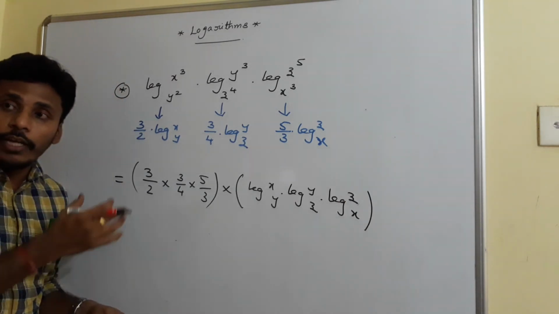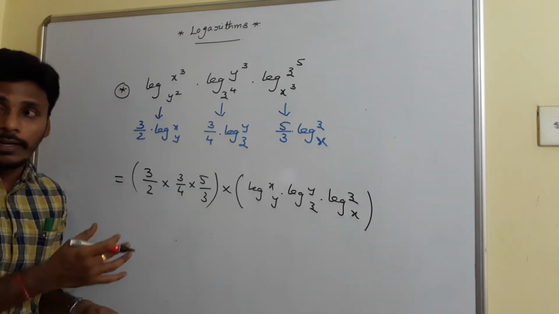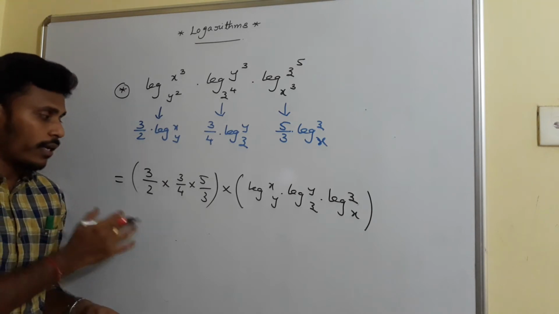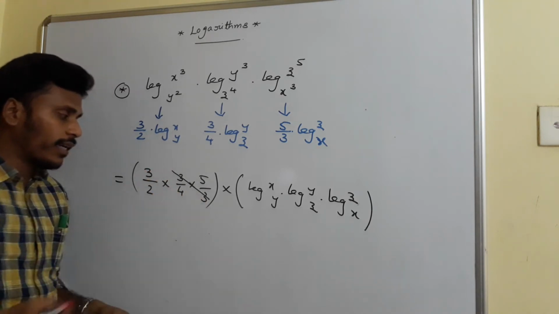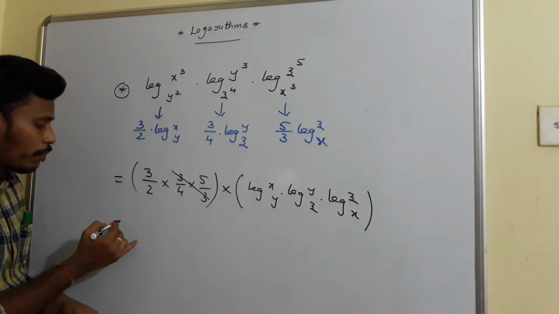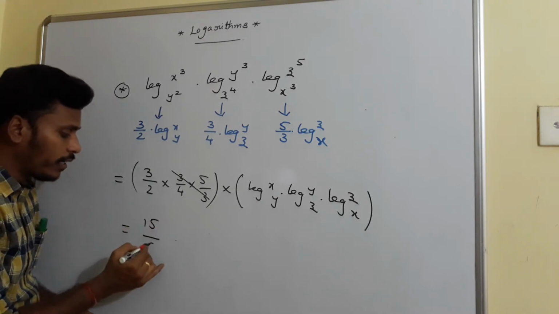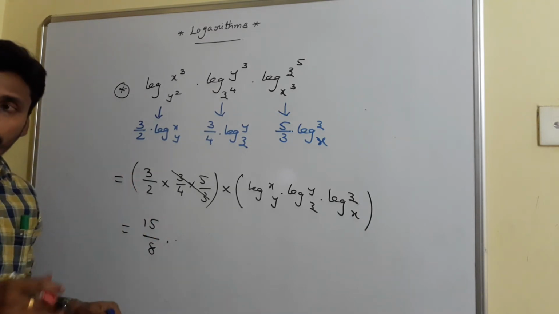You need to simplify the numerical part and logarithmic part separately. If you think about this numerical part, this 3 and 3 will get cancelled, and the simplification is 15 by 8. The numerical part gets completed.